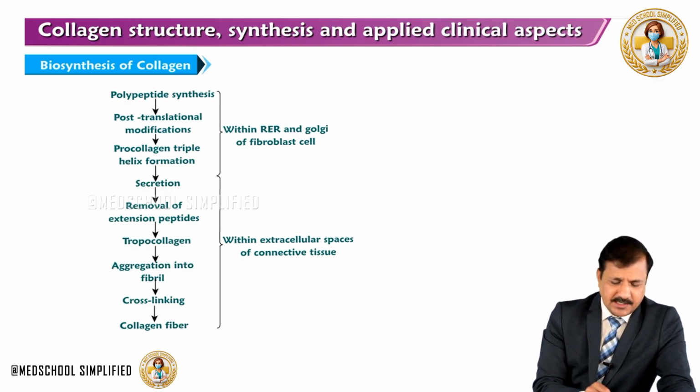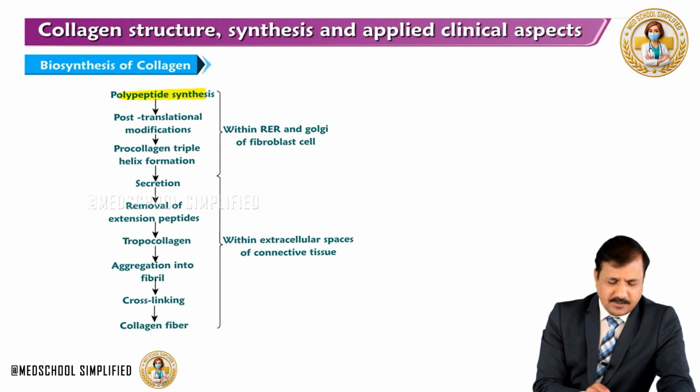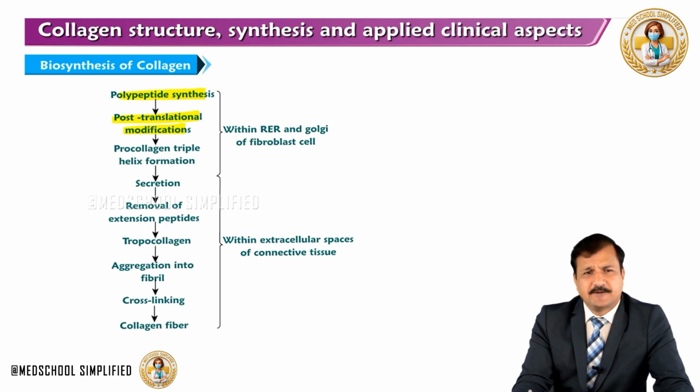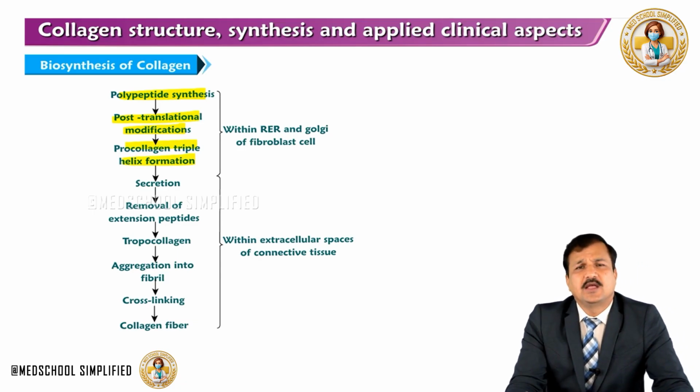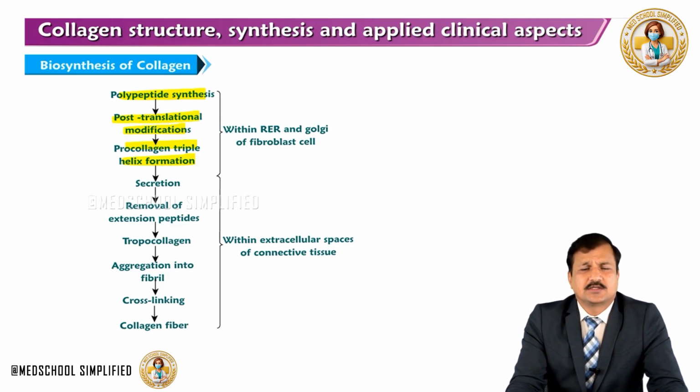Now the polypeptide chain synthesis is going on at the ribosomes over rough endoplasmic reticulum. That polypeptide chain enters the lumen of the rough endoplasmic reticulum for post-translational modification, and pro-collagen triple helix formation occurs as three alpha chains interact and come together, making a pro-collagen triple helical structure.